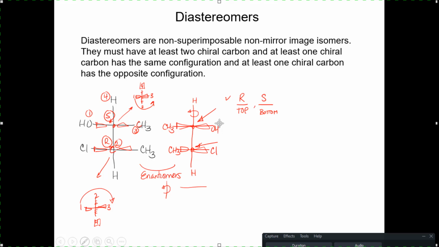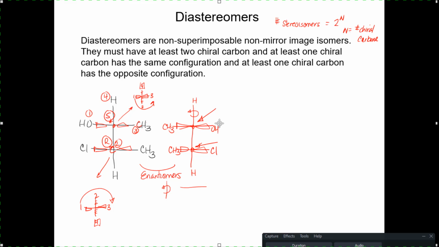Now, let me erase this because I need space to do the final step here. Okay, so now let's change this molecule, because one thing that I didn't say earlier was that the number of stereoisomers for a molecule is equal to 2 to the n, where n is equal to the number of chiral carbons.